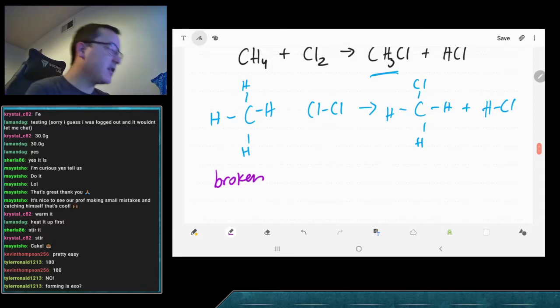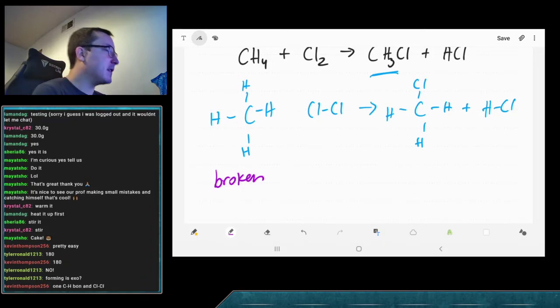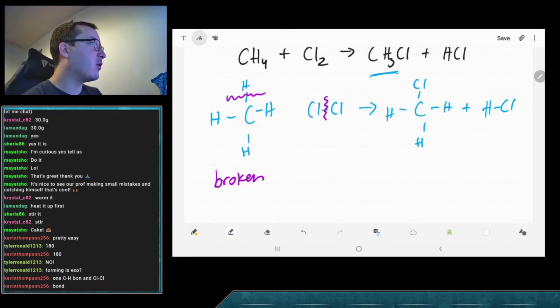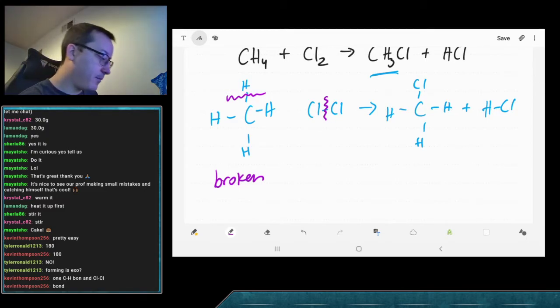So which bonds are we breaking here? Anything that we're breaking is not going to be present in the final product. Exactly. So we're going to be breaking this bond here, and this bond here. We're breaking our chlorine apart, and we're breaking one of the C-H bonds in methane.